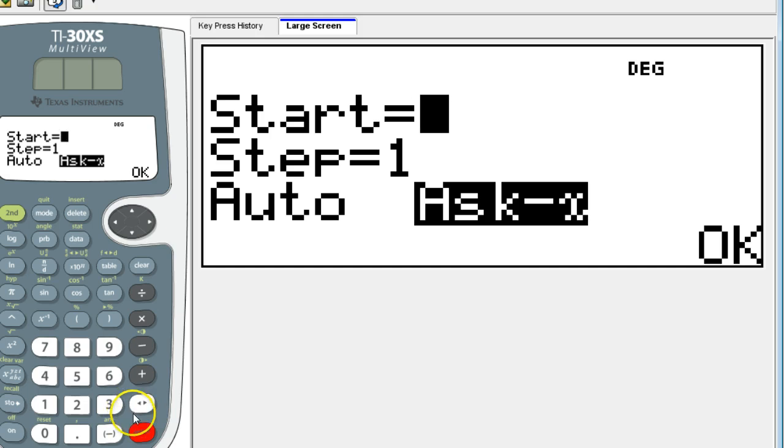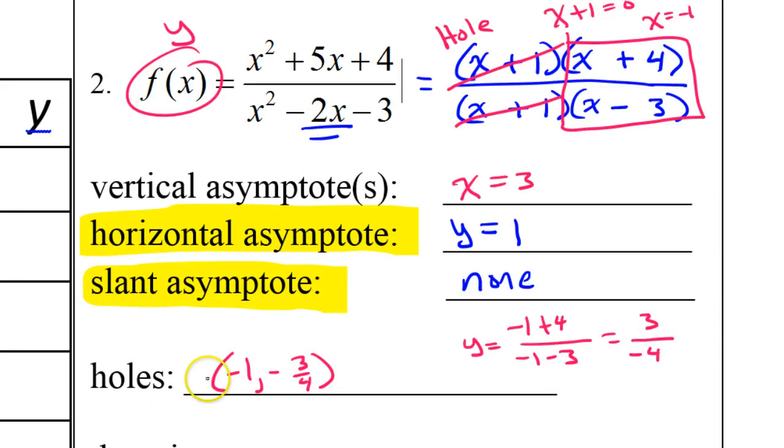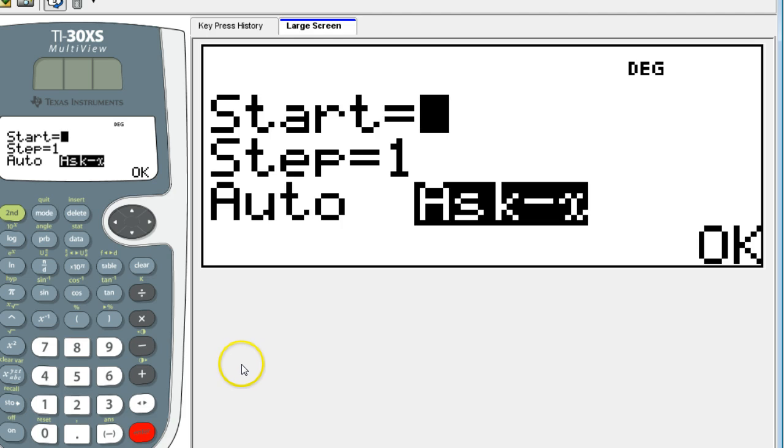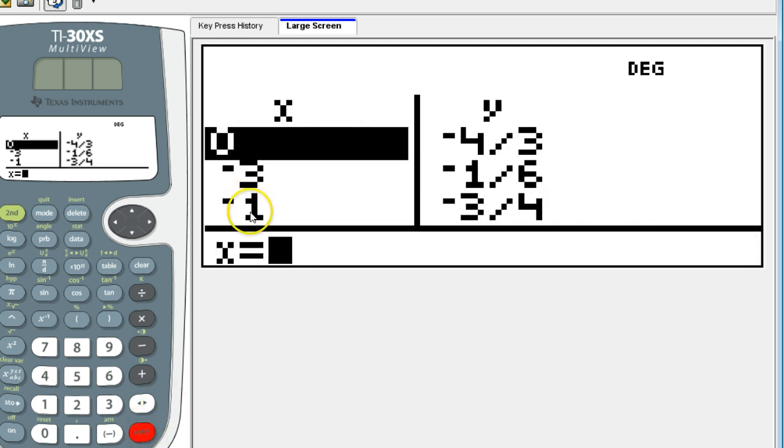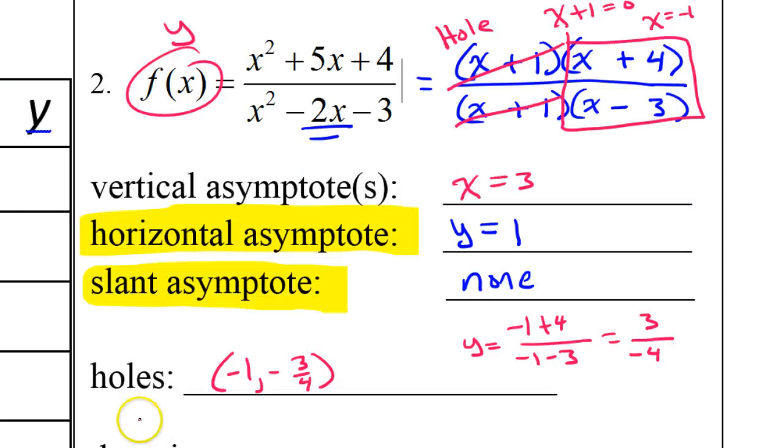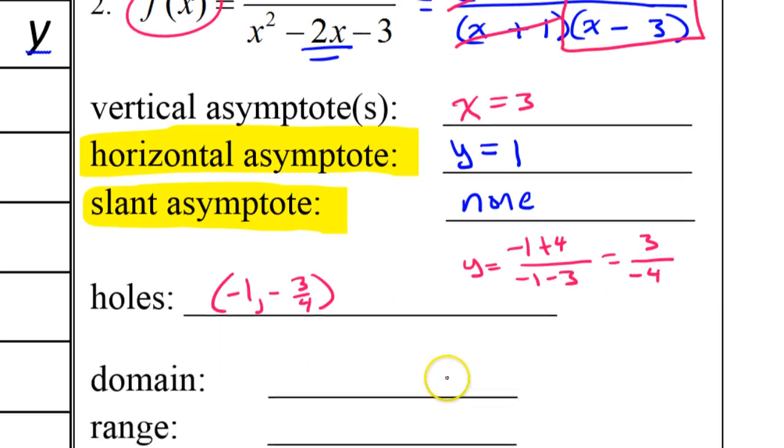So what did I want to know about? An x value of -1. Alright, I'm in ask mode. I'm just going to stay in ask mode. So look, -1 is telling me -3/4. If it didn't say -1, I could have just typed in -1. Alright, anyway, I've got the hole.